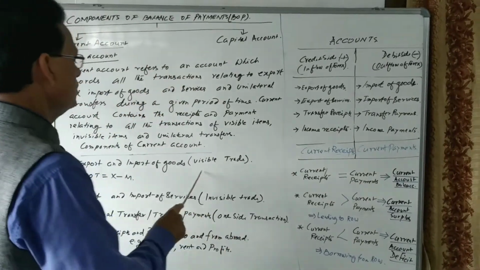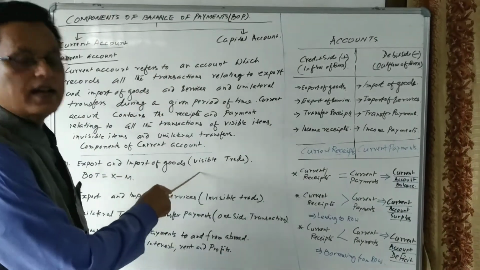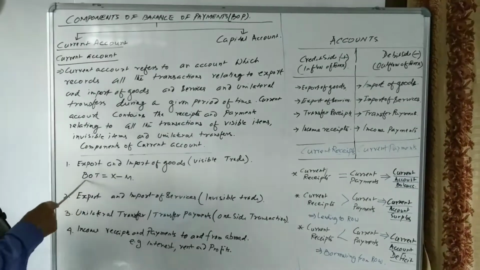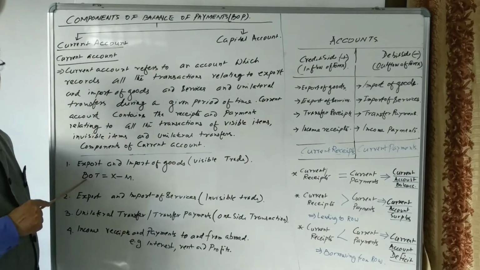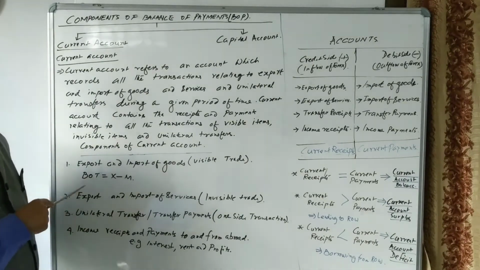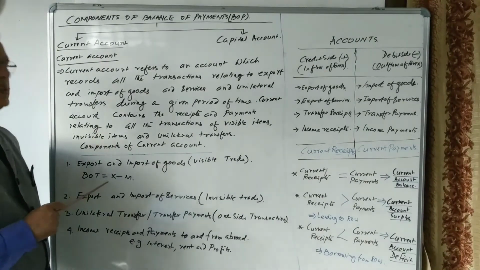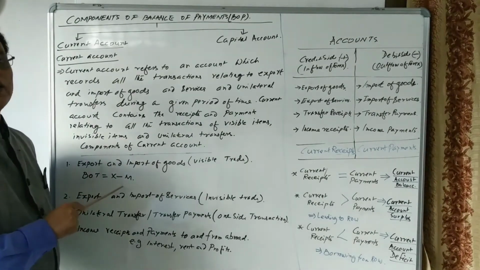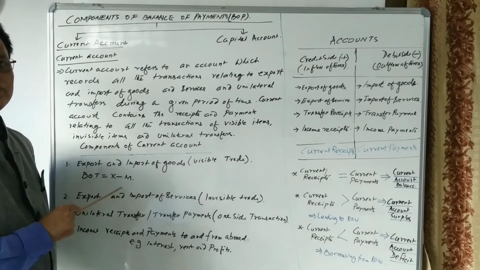This does not include the value of services. This does not include the value of unilateral. So BOT, I have written BOT, means balance of trade. Balance of trade is the difference between the value of export and value of import during a given period of time.